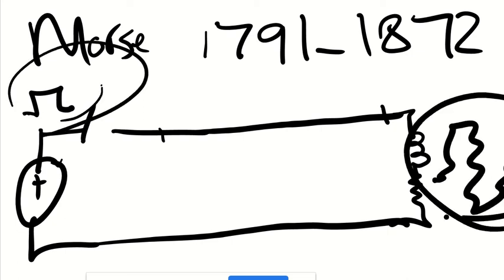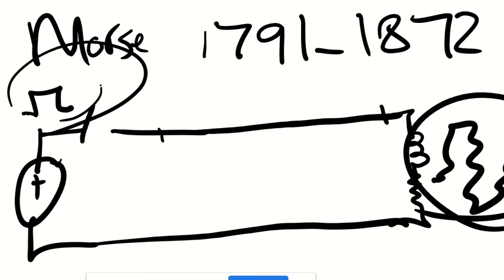Although you want to get the same signal at the end, you get a copy of it that is distorted.